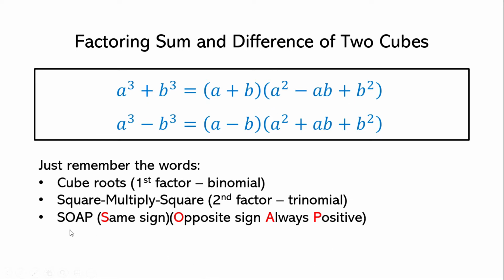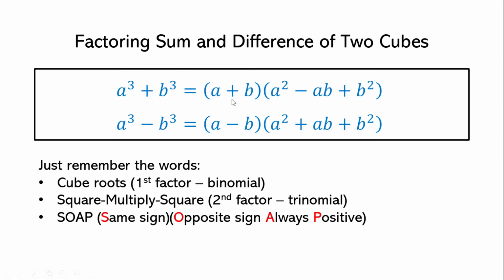And for the SOAP, ito yung tatandaan natin para maging tama yung paglalagay natin ng sign. S for same sign, O for opposite sign, and AP for always positive. Halimbawa, ang sinasagutan natin is sum of two cubes. So, ang nakalagay dito is plus.